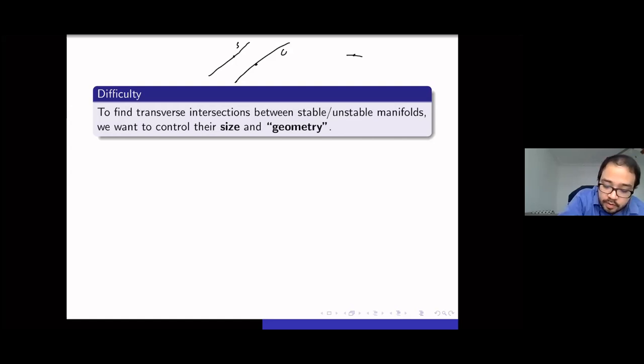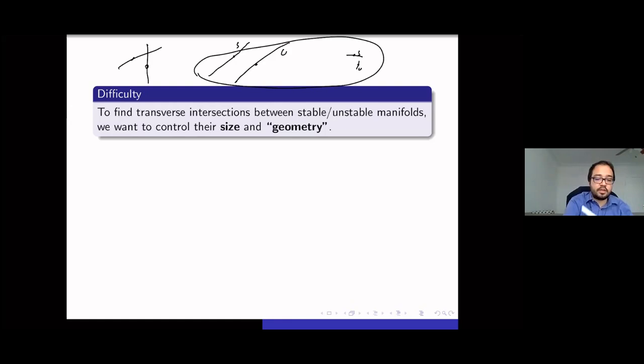Or they could even have good angle, but the manifolds are just not long enough to get intersections. So you want to avoid those two things. To do that, you want to say that they are in good directions. At the same time, they have good length. To say that now you get transverse intersections. So this is the main difficulty.